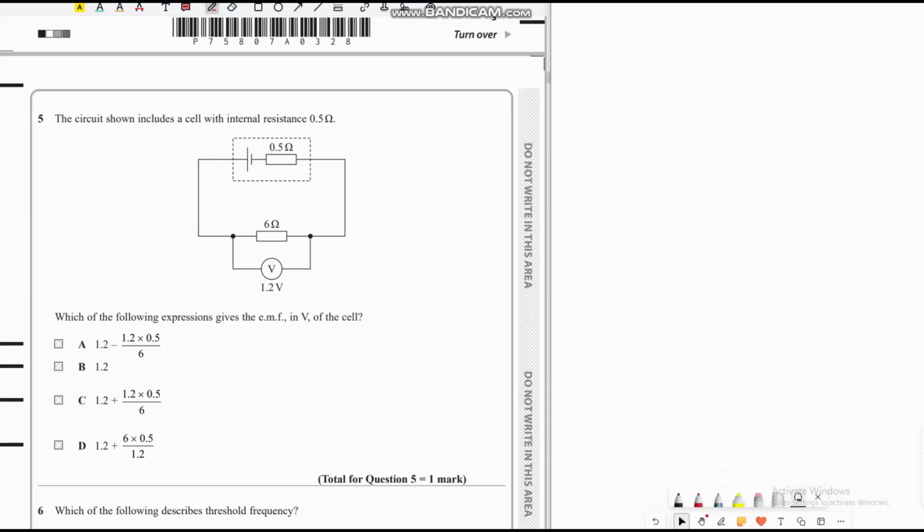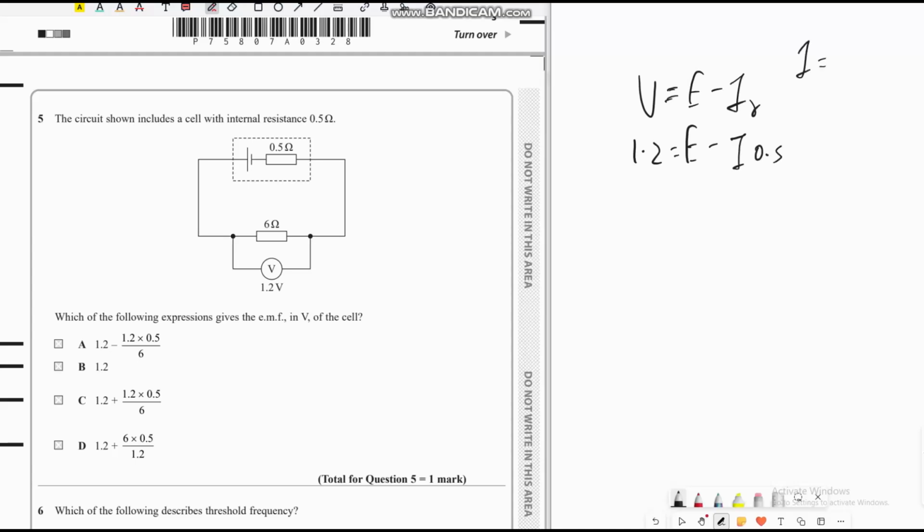The circuit includes a cell with internal resistance 0.5. Which of the following expressions gives the EMF in volts of the cell? So we have to apply the equations. We'll apply V equals E minus Ir. Here V is 1.2. E is the EMF of the battery, which we do not know. The current is unknown. The internal resistance is 0.5.